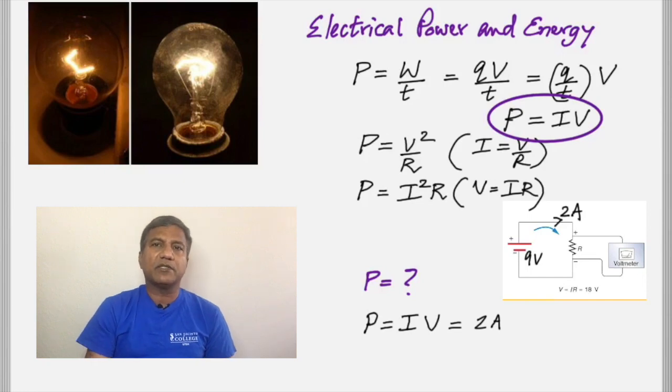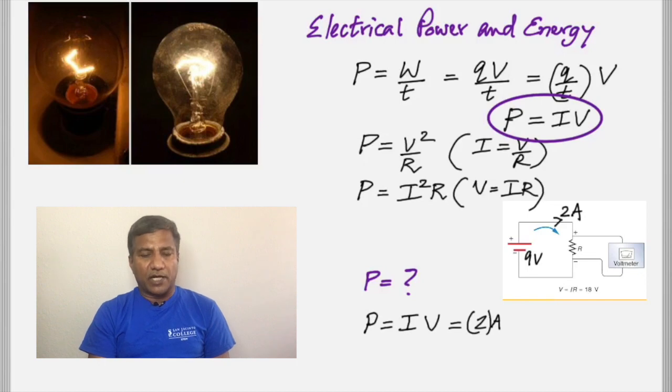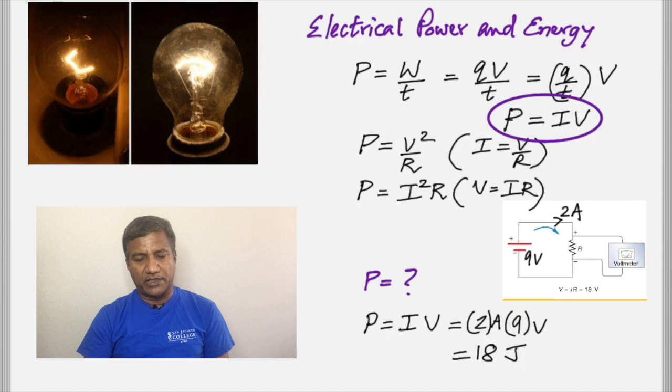So naturally, the formula for power that we'll be using is I times voltage, which is 2 ampere multiplied by 9, which gives 18. Well, that's not 18 joules. It's supposed to be 18 joules per second. 18 joules per second, or 18 watts.